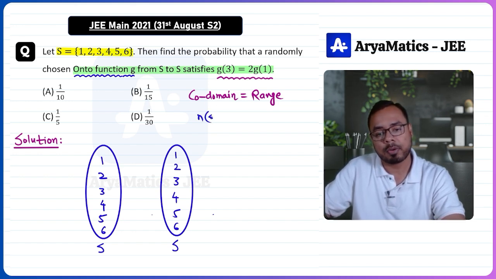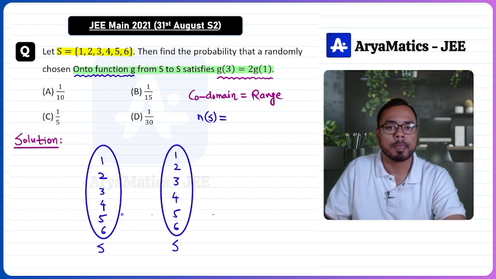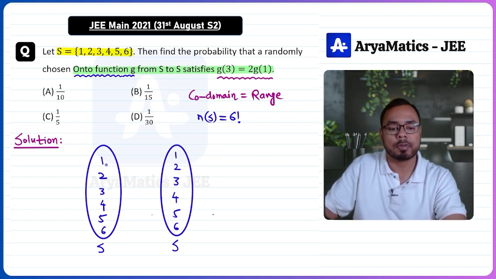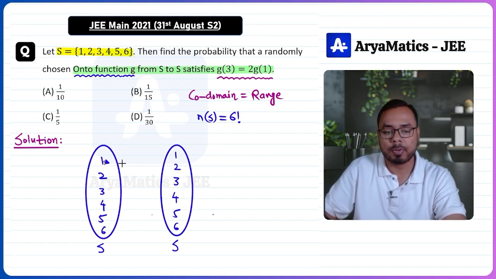So the number of elements in the sample space will be the number of one-one functions from set S to S, and that is nothing but 6 factorial. For the first element 1, we have 6 options. We can connect it with any one of these 6 elements. Let us say f of 1 is 2.